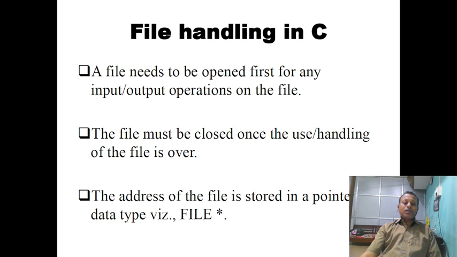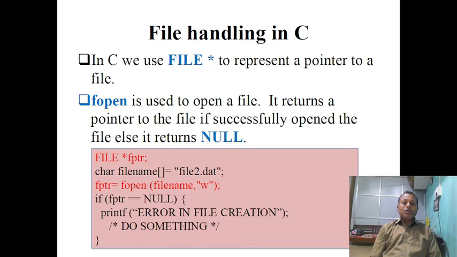The third is that the address of the file is stored in a pointer called FILE star, which is the data type of the file pointer. FILE star represents a pointer to a file.